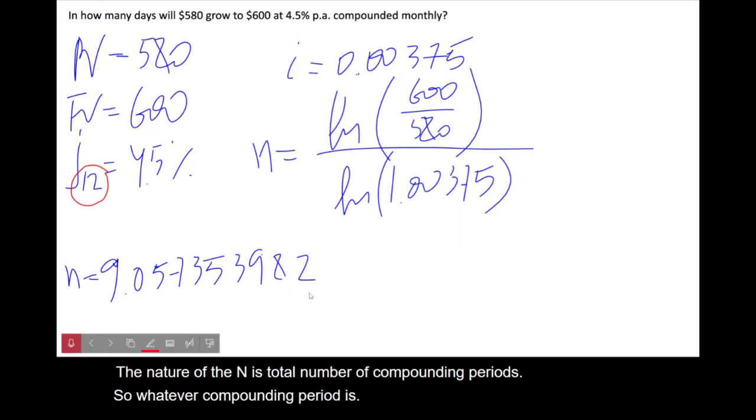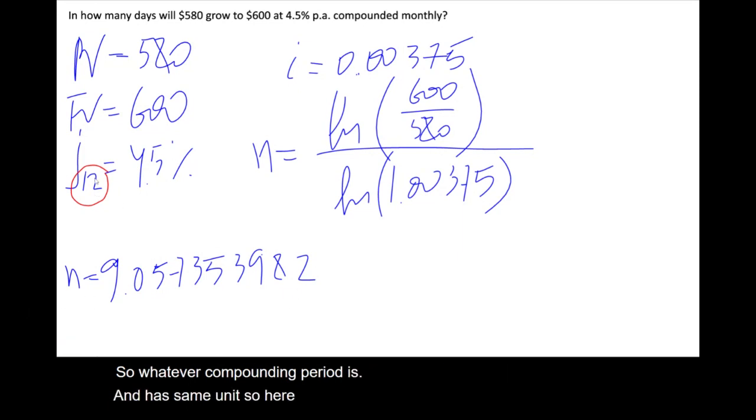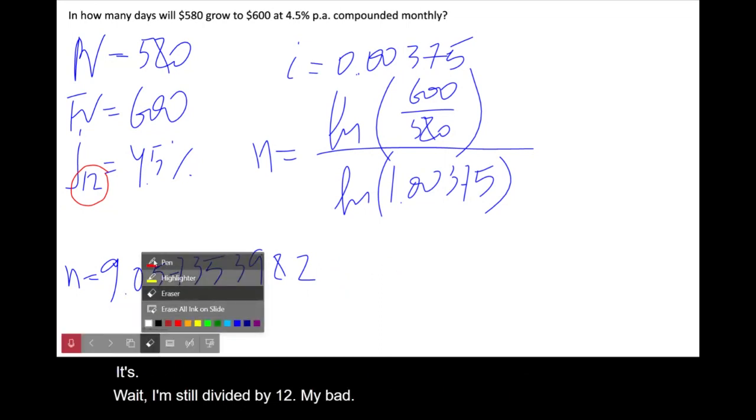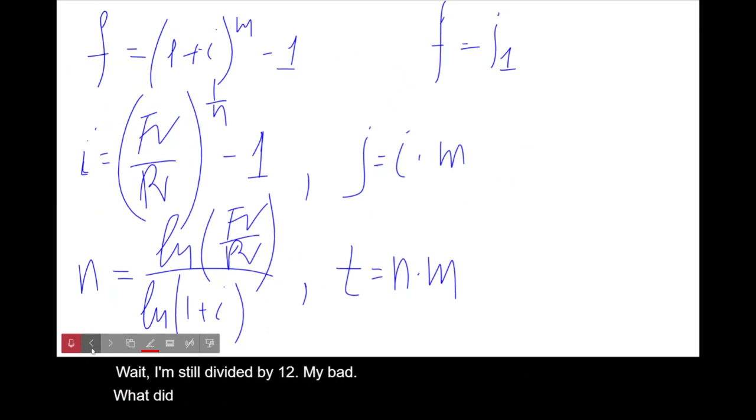Here I have months, so it's monthly. Times 12, oh, my bad, it should be divided by m.